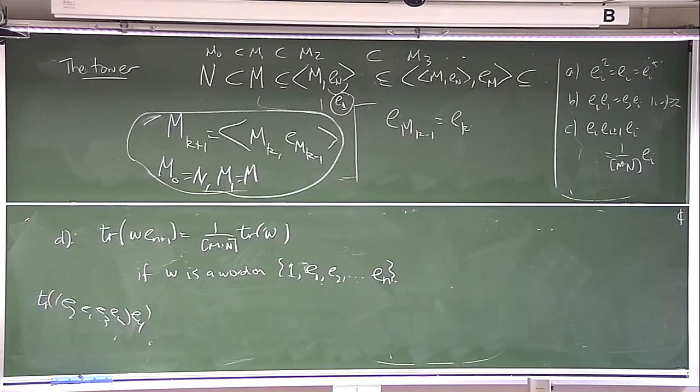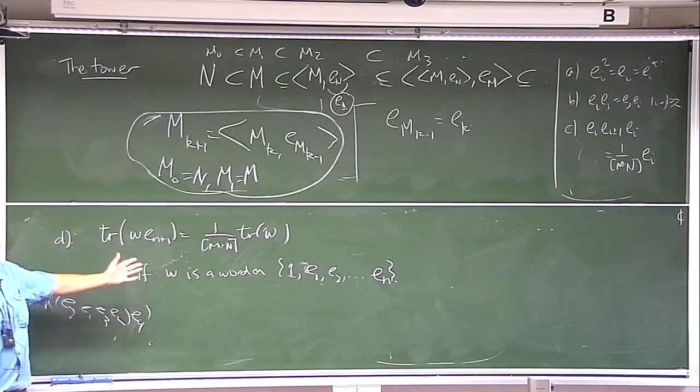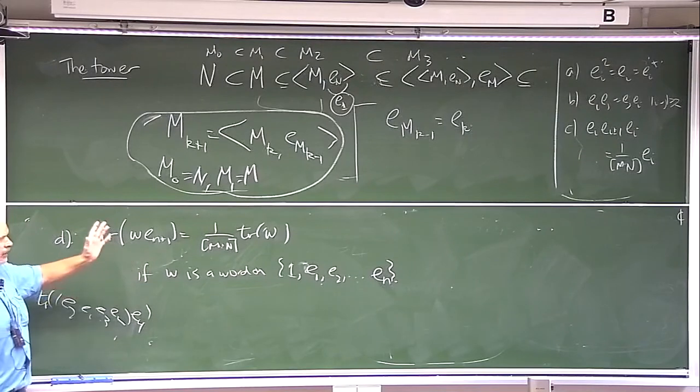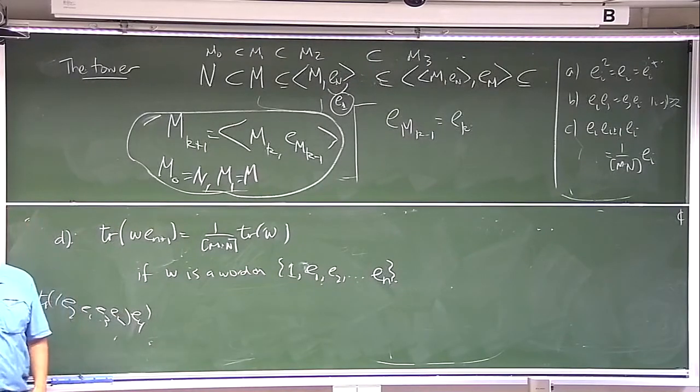And it's a really amusing exercise to show that inductively this formula tells you how to calculate the trace of any word on the E_i. That's the key, the technical key to actually proving this 4 cos squared pi over n thing.